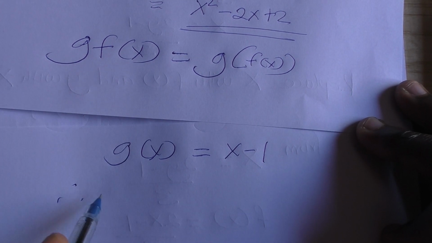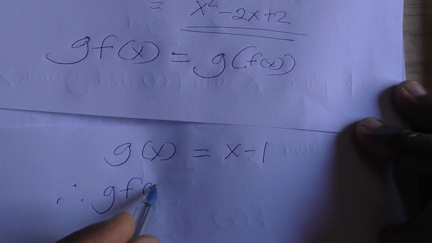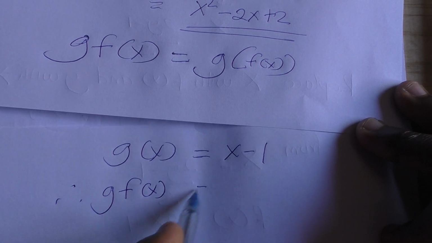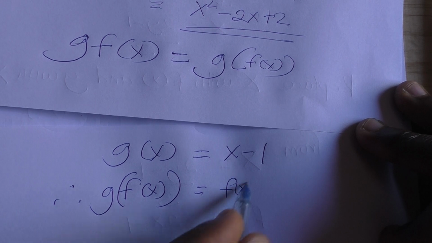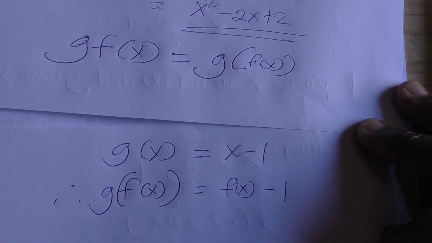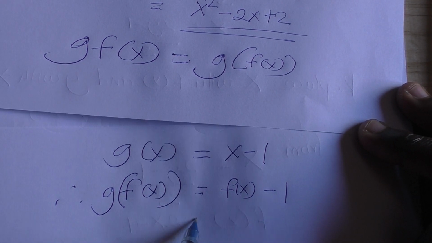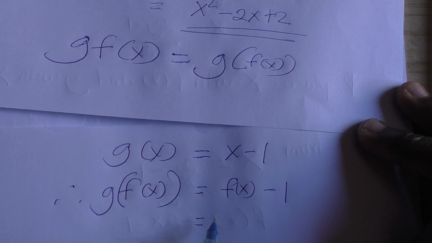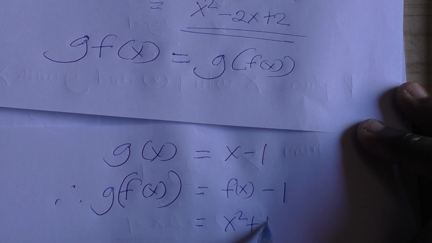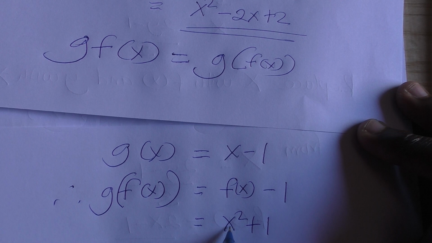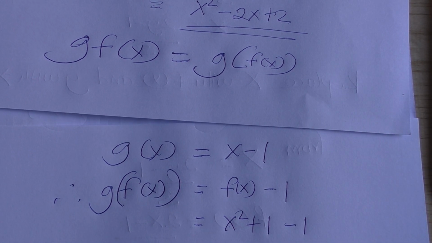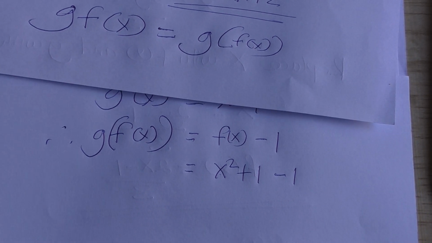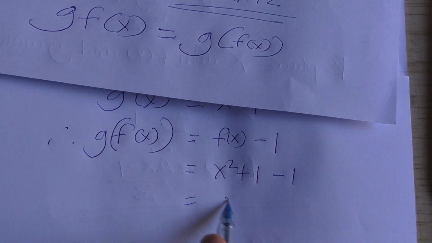Therefore, g of f of x will be f of x minus 1, but f of x is known as x squared plus 1, so it will be x squared plus 1 minus 1, which gives us x squared.